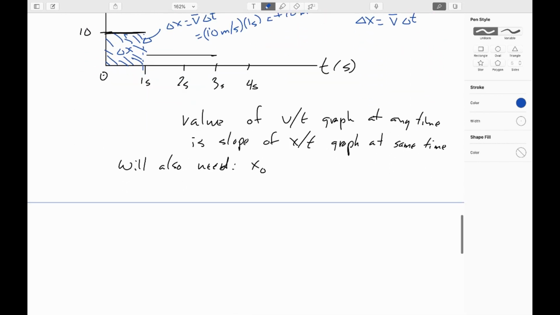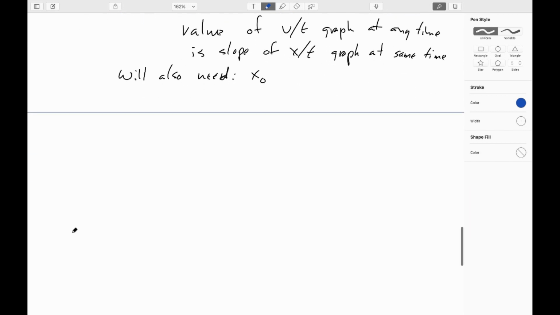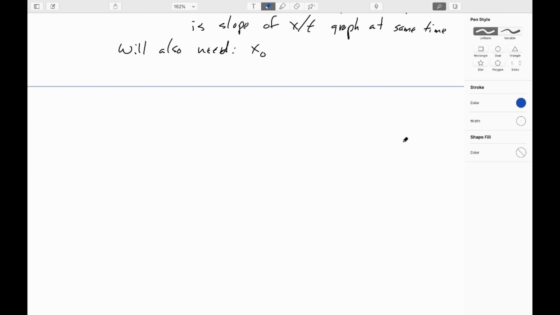There is one caveat, and that is if I had some motion, say, that looked like this. So let me go back to my black pen here. If this is my velocity, again, let's just say meters per second, but we don't have to be too fussy about units. This is seconds. Let's say I was looking at an interval here.